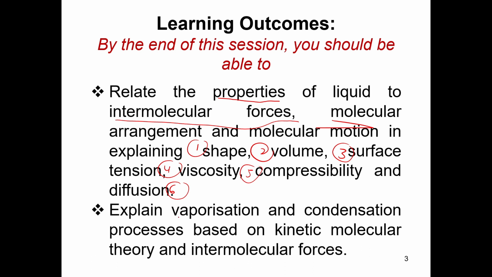Okay, for example, we want to explain the vaporization process and condensation process. So to explain these two terms, we need to explain based on kinetic molecular theory and intermolecular force, about the movement and type of intermolecular force that exists in that process.